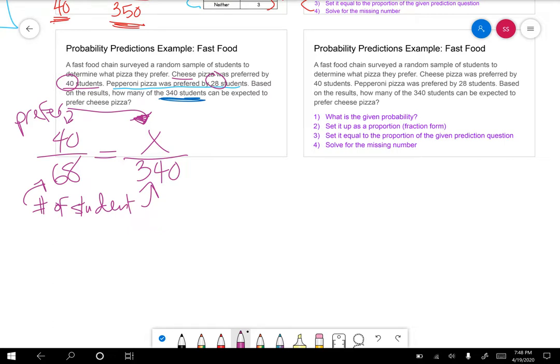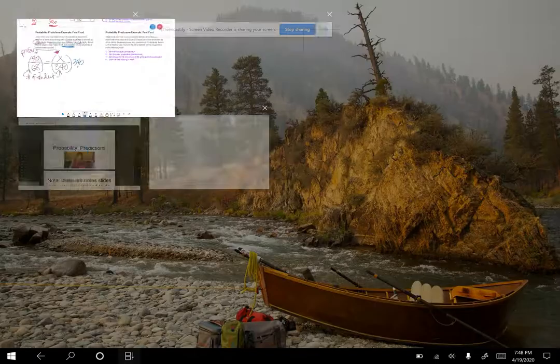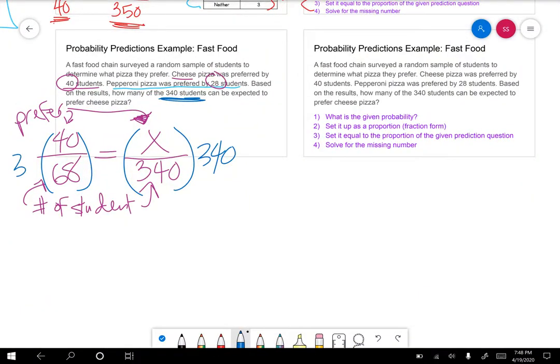All right, so we're going to solve it just the same way we've been doing with the other examples. Because x is being divided by 340 right now, to isolate it, we do the opposite and multiply by 340 on both sides. Again, those 340s will cancel out, and you're left with x equals 340 times 40 over 68.